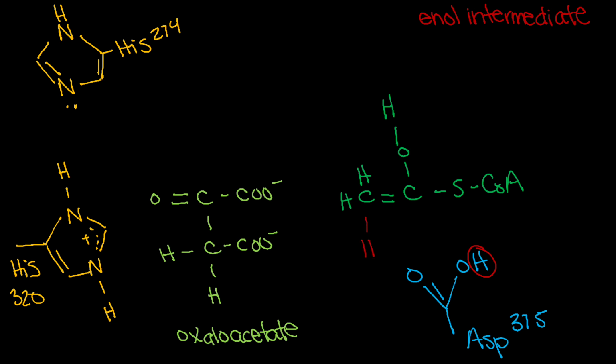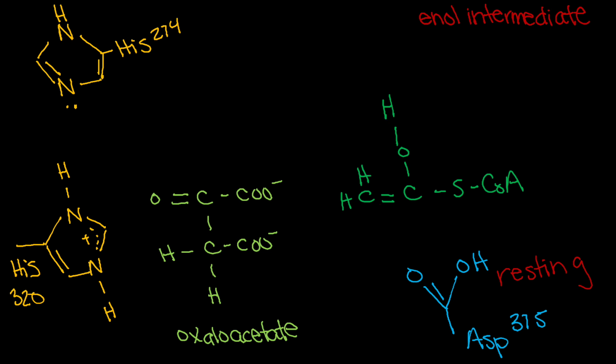So this hydrogen was over here, but now it belongs to ASP. So this ASP is now in its resting state, and it is no longer a part of the rest of the mechanism. So we can also note that the double bond has formed between carbon and carbon. Oxygen has gained this hydrogen, which was originally on the histidine 274.